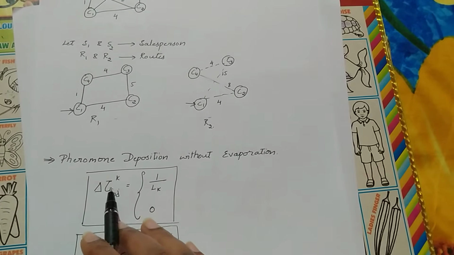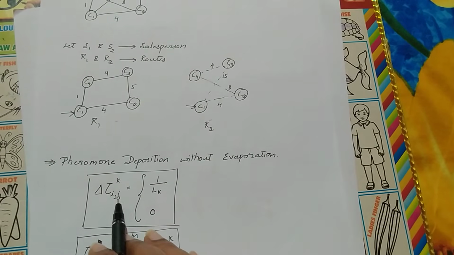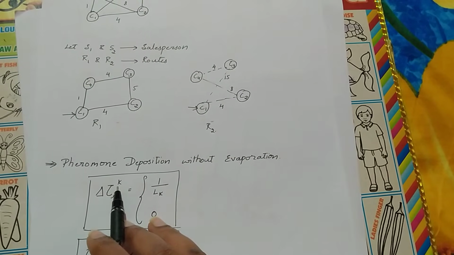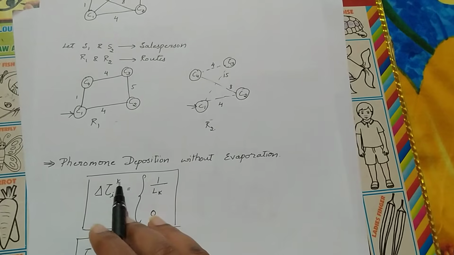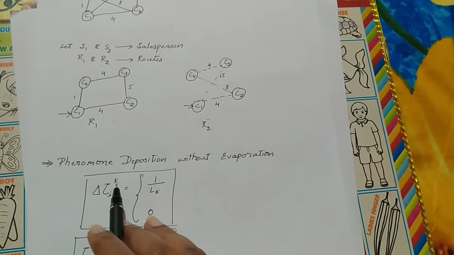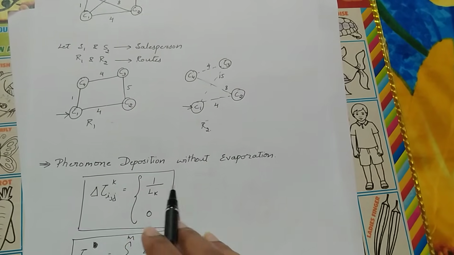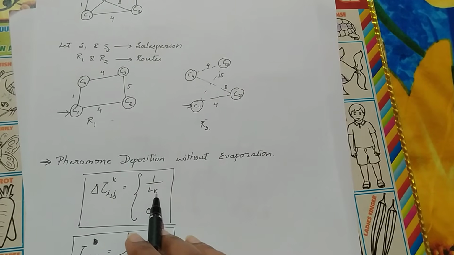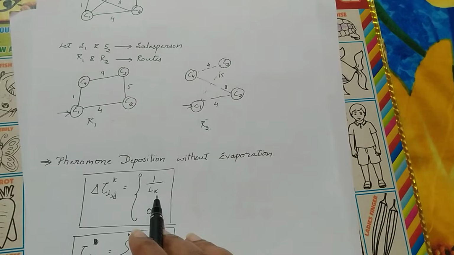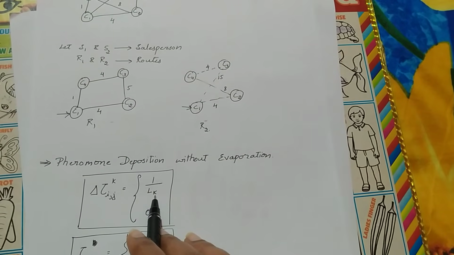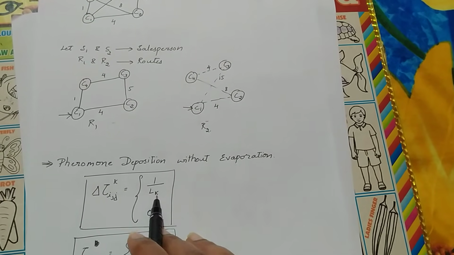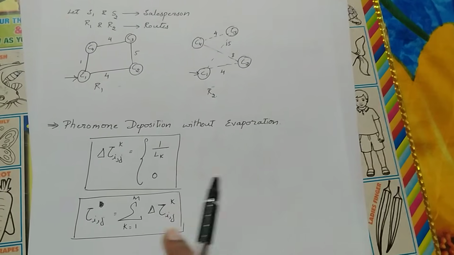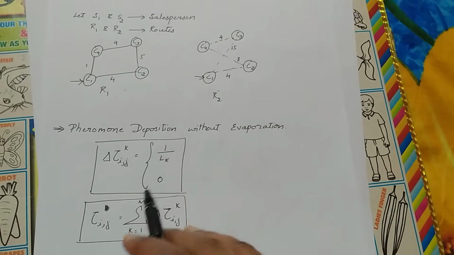So the pheromone deposition between I and J with respect to a particular salesman will be 1 by L of K. L of K means the total cost of that particular salesperson. We'll understand with the problem how it will be used.